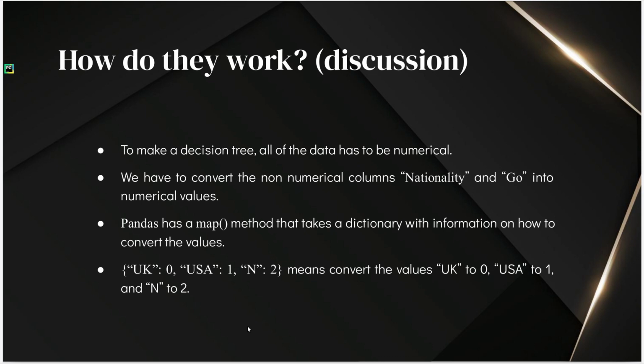The pandas package has a map method that takes a dictionary and helps you convert non-numerical values to numerical values based on this dictionary. For example, the dictionary here, key UK value 0, key USA value 1, key N value 2, means convert the value UK to 0, USA to 1 and N to 2.